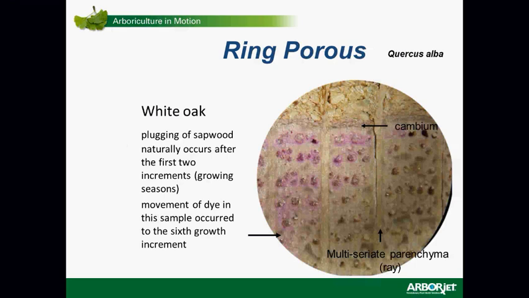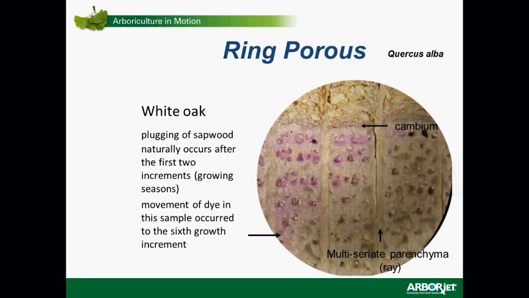In white oak, in this particular specimen, one increment was open, and the others looked tylosed. Generally, white oak has at least 2 or 3 open for transport.